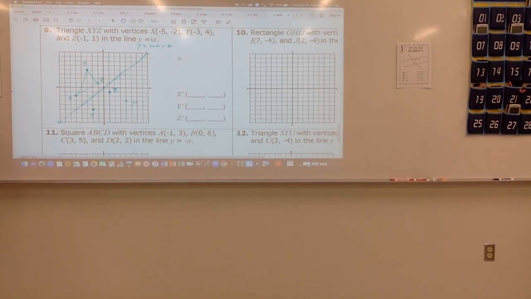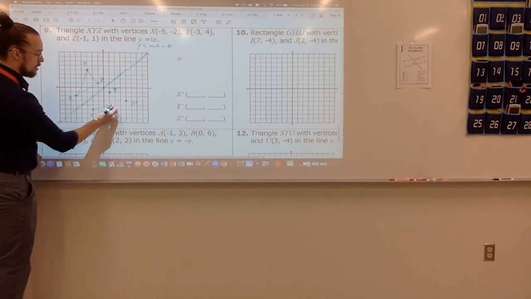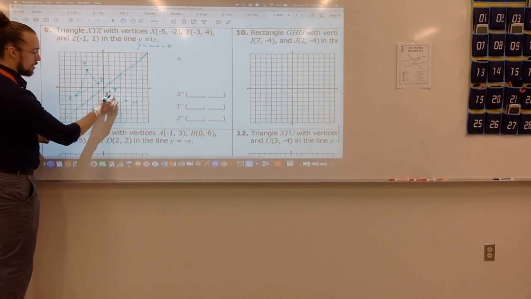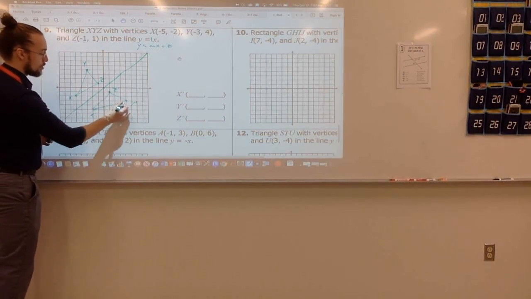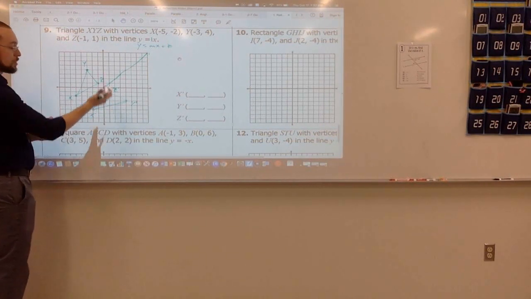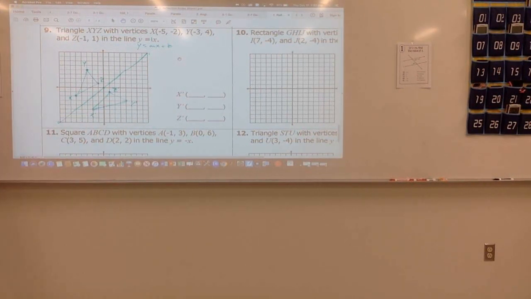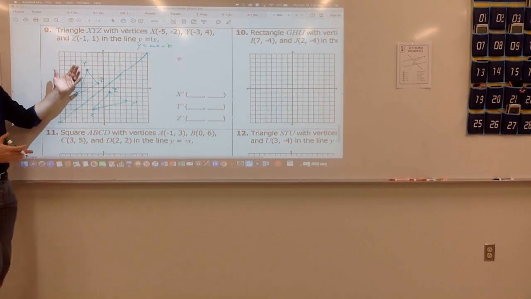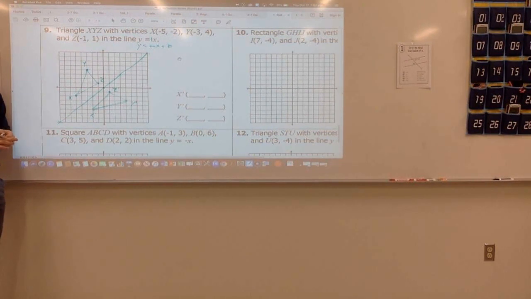We just have to make sure that if we go over to get to the line of reflection, then we go down. If we go up to get to the line of reflection, then we go over. So this would be my reflection across the line y equals x.